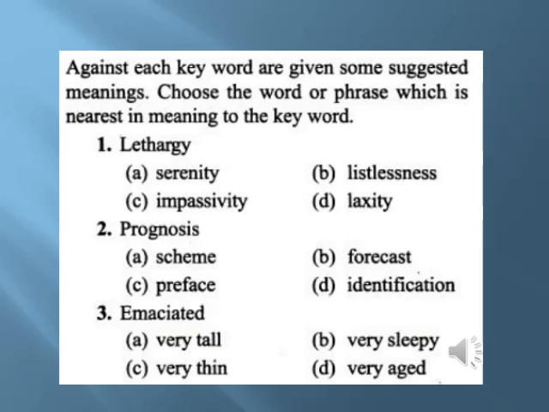Lethargy: serenity, listlessness, impassivity, laxity. These are the options given here for lethargy. Prognosis: scheme, forecast, preface, identification. Emaciated: very tall, very sleepy, very thin, very aged.